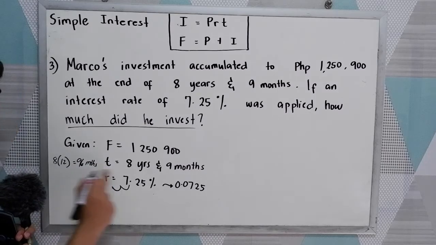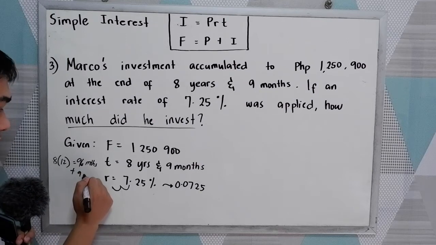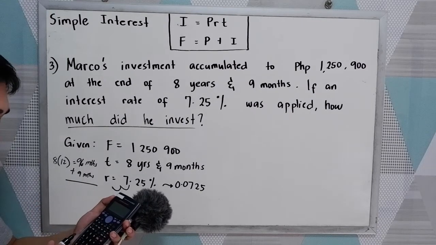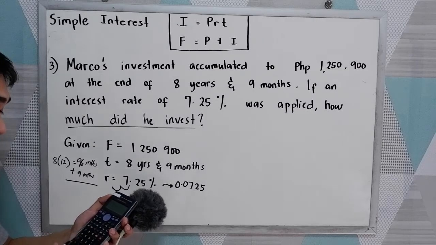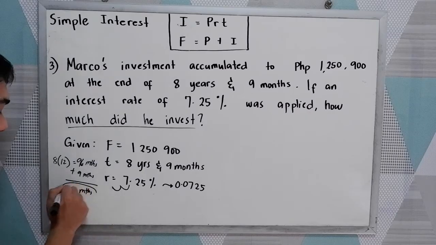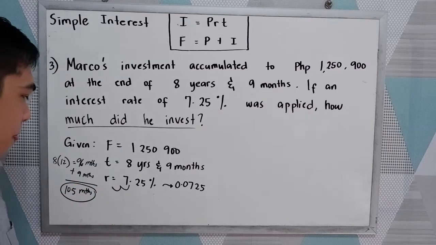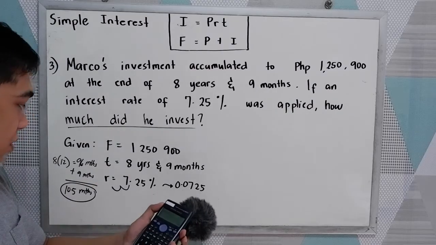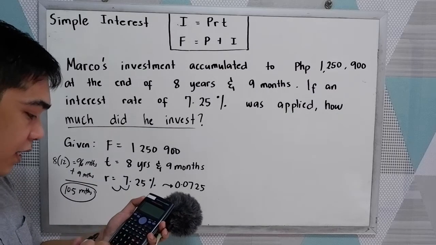Okay, 96 months plus 9 months, so 96 plus 9, 105. So a total of 105 months. We need to divide this by 12 to convert into decimal.